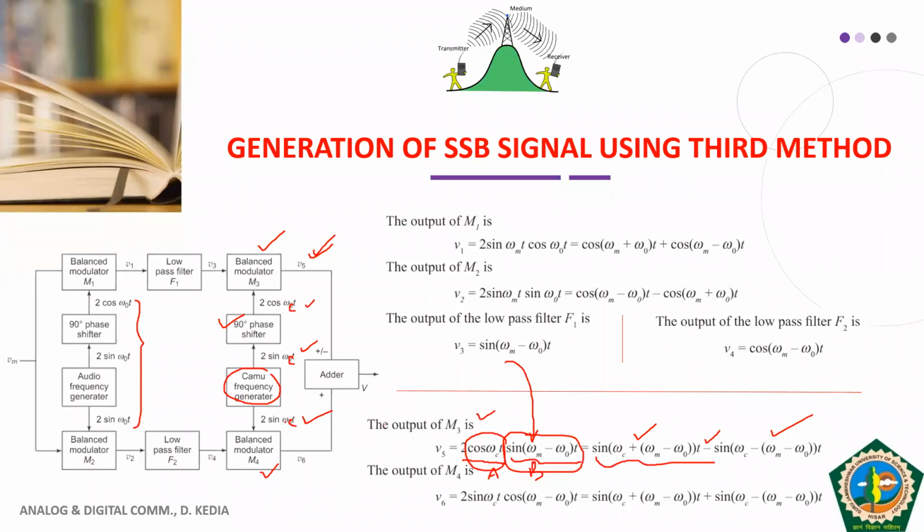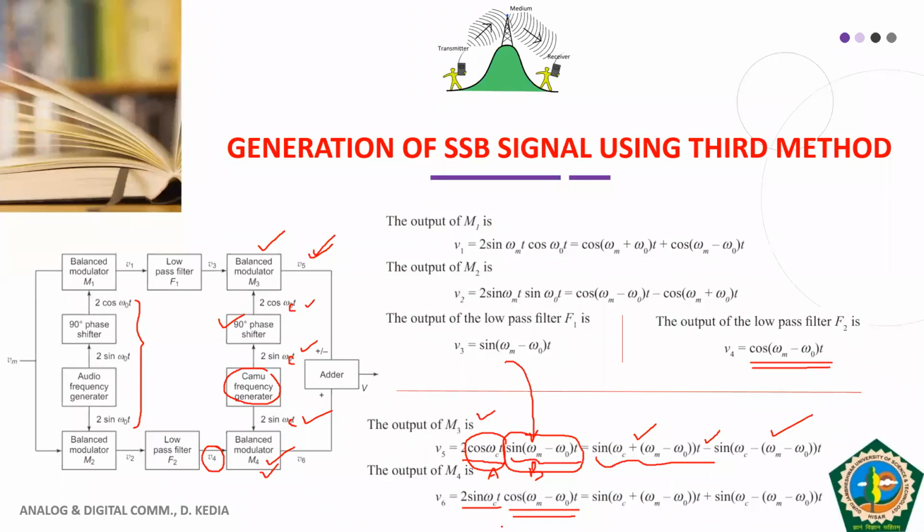Similarly, we get the output of balanced modulator M4, where we have the low pass filter F2 output, which is cosine of omega m minus omega naught t, multiplied with your carrier frequency generator, which is twice of sine omega c t.